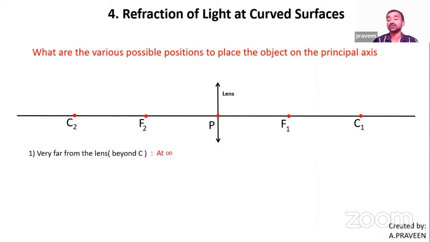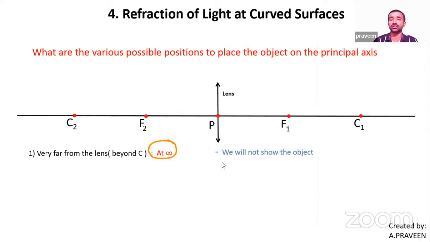How will the object be represented? Here we actually won't show the object. There is no representation of the object beyond the center of curvature, very far, considered as infinity. So one position is: the object is located at infinity.